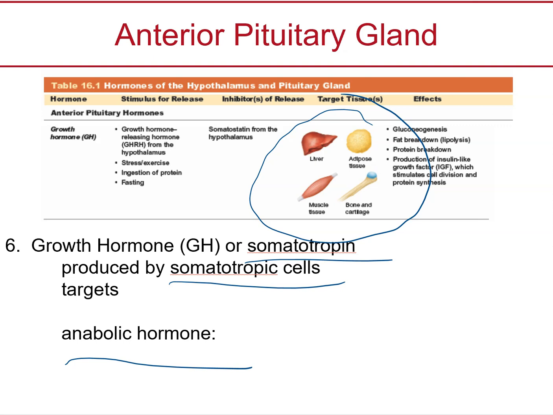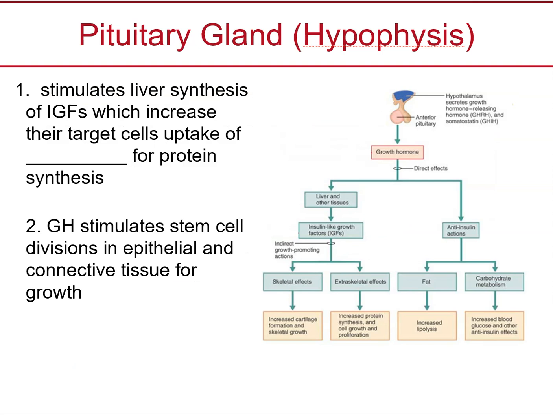And so you have some information here, but let's go to this slide. There's a little more. So what does it do? Well, number one, it affects the liver, and the liver makes these things called insulin-like growth factors. And these are really important for growth, and they actually increase amino acid uptake by your cells to help with your bones and your proteins basically growing, right?